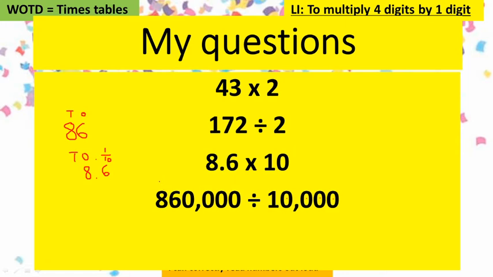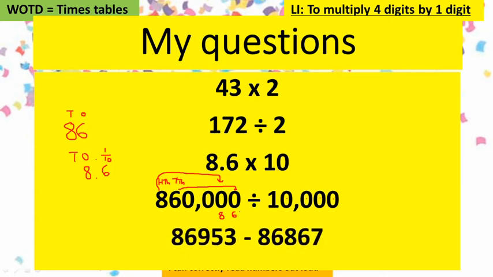So if we have our 100,000s here, our 10,000s here, we know if we're dividing by 10,000, we're going to be 4 place value columns to the right. So my 6 is going to go 1, 2, 3, 4 into the ones. My 8 goes over this, so it's going to go 1, 2, 3, 4 into the tens, and it's going to become 86. That's another question you could have.